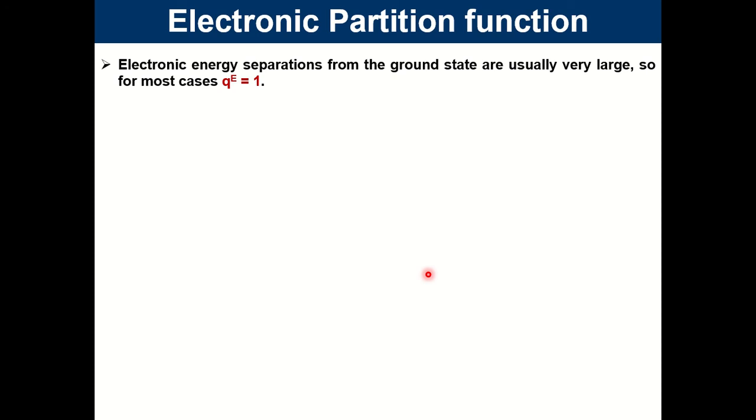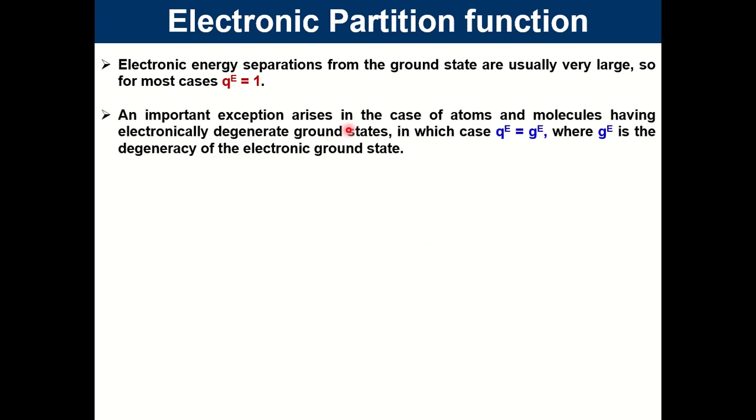Then we have the electronic partition function. Electronic energy separations are much higher as compared to vibrational or rotational energy levels. So at normal room temperature only the ground state would be populated, and the partition function QE is expected to be 1.